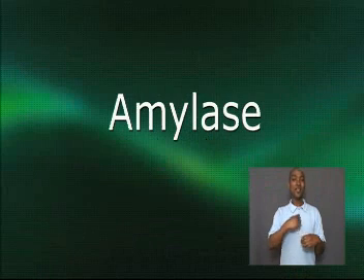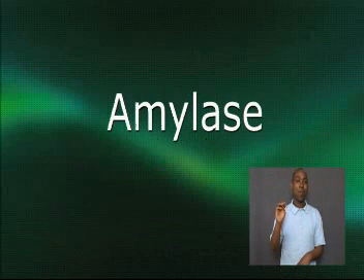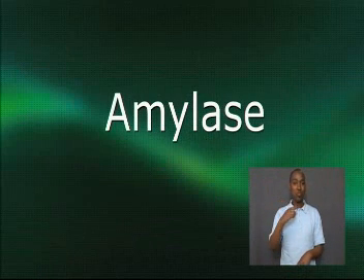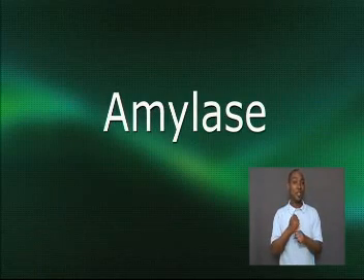They work outside of cells in the lumen of the gut. Amylase is an enzyme that is made in the salivary gland, in the mouth and pancreas. It works to break down starch to the sugar maltose.